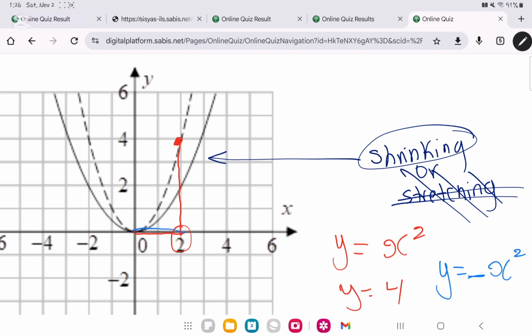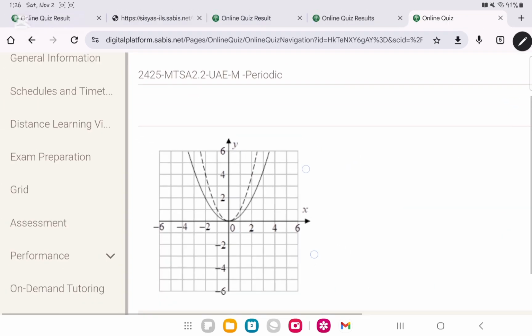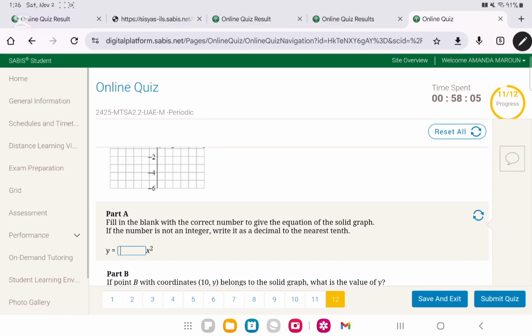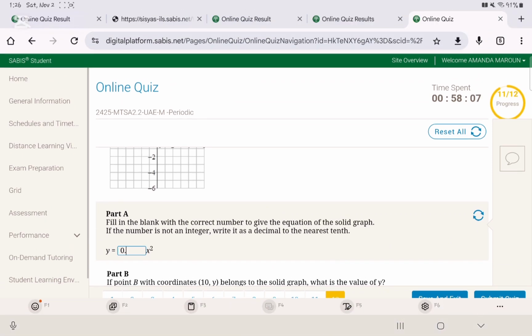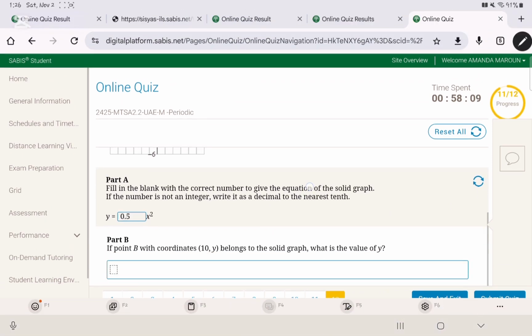So we go to an x of 2, go up in the second graph and we get 2. So 2 is equal to something times 2 squared, so 2 is equal to something times 4. This something is 1 over 2, or in decimal form 0.5. So now we obtain that there is a shrinkage of 0.5.